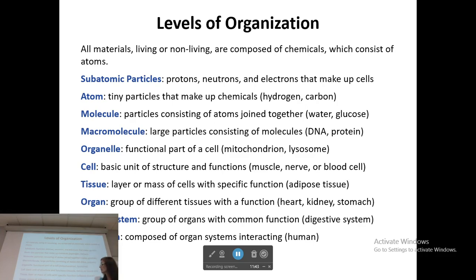Okay? So the organ system, there are 11 organ systems that we will look at throughout this class and Bio 169. And we're going to start with the integumentary system in this class, and we will go through integumentary, skeletal, muscular, and nervous systems.